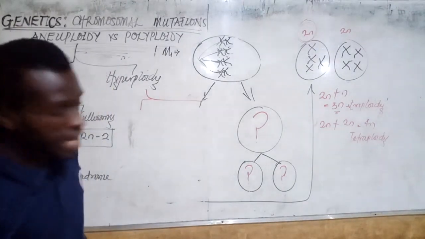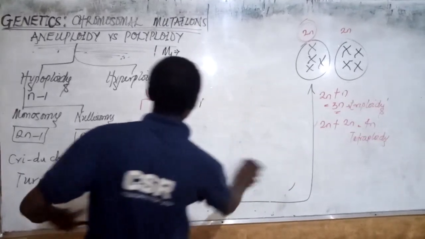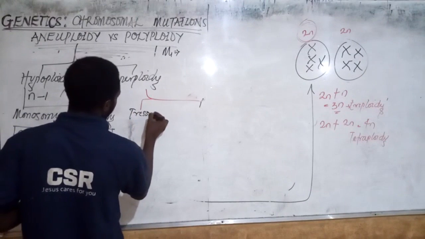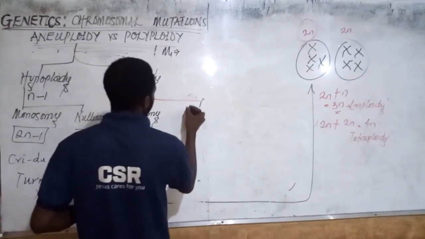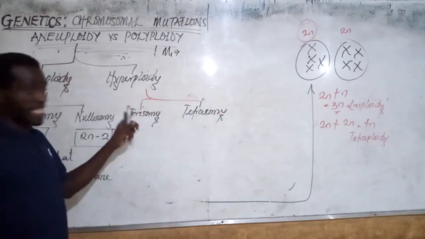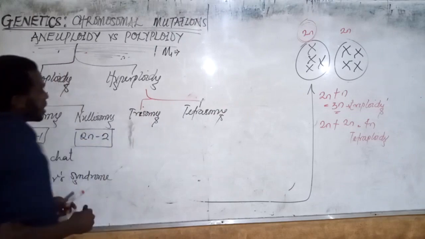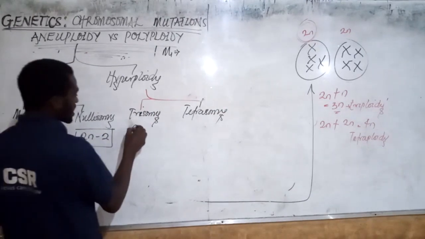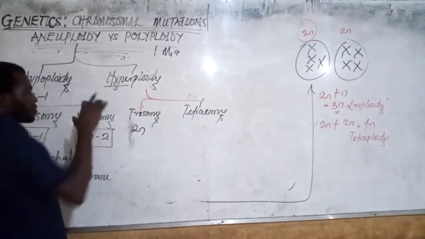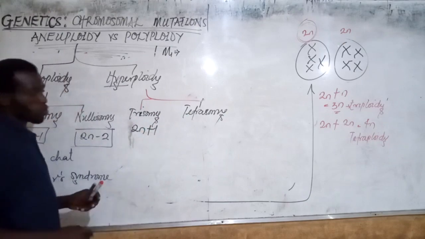Alright. So for hyperploidy, we have the trisomy and the tetrasomy. Now this has been seen in humans. Trisomy is basically an addition, hyperploidy. We said an increase. Hyper means high, then hypo means low. So there's an increase in the number of chromosomes by 1.